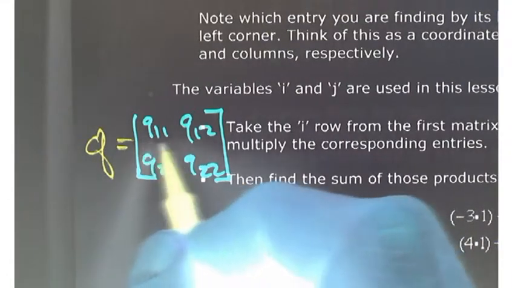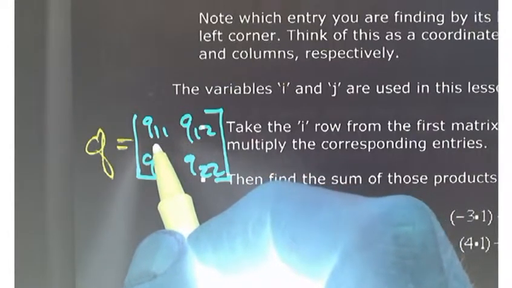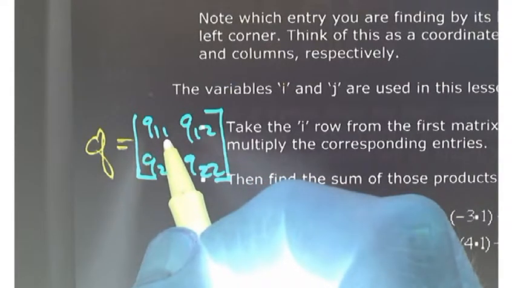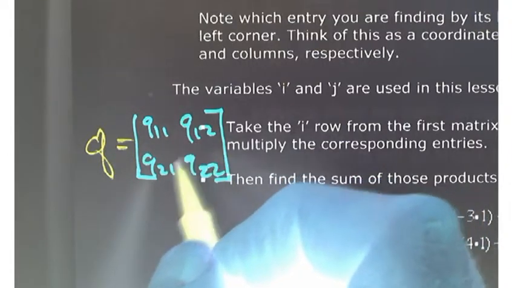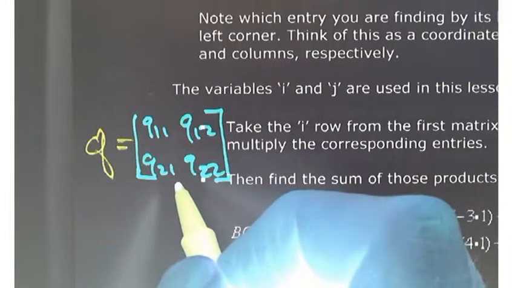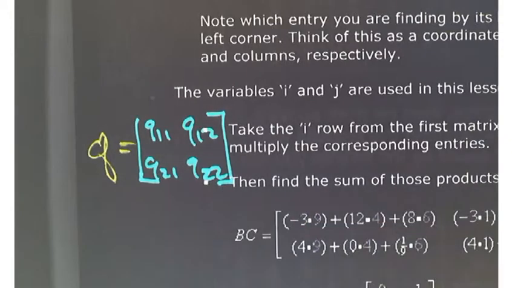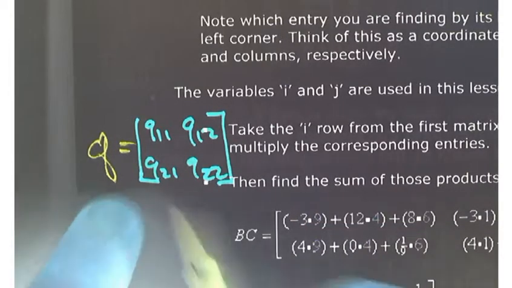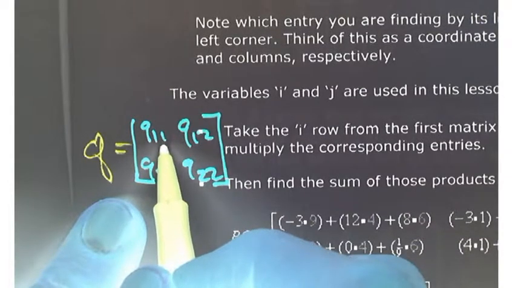Now, the way I generated these numbers is this. The first one is the row, second one's the column. So this is first row, first column. First row, second column. Second row, first column, second row, second column. When you multiply matrices, you're going to have to borrow a row from the first matrix times a column from the second matrix.